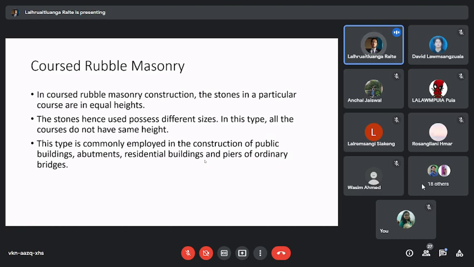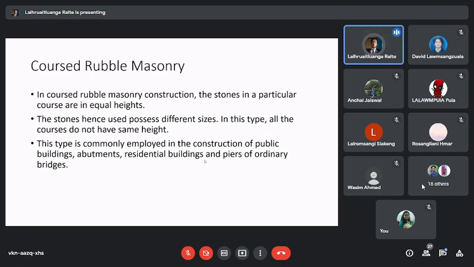Now coming to the first type, coursed rubble masonry. In coursed rubble masonry construction, the stones in a particular course are of equal heights. So when it is coursed, remember in brick masonry, when we were talking about stretcher course, header course, one course is basically one layer of brickwork, right?